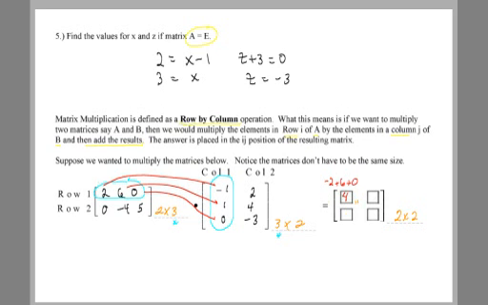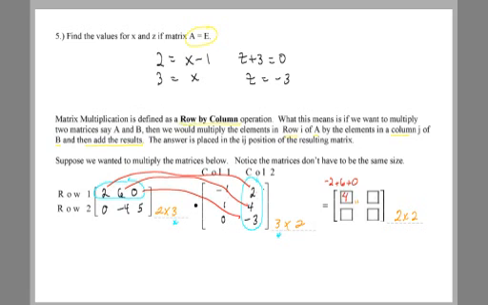Now I'm going to multiply the first row by the second column, entry for entry, just like I did over here. So first row times the second column means I'm going to multiply the 2 times the 2, the 6 times the 4, the 0 times the negative 3.